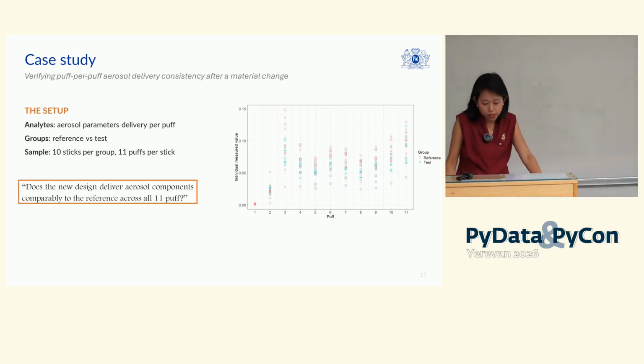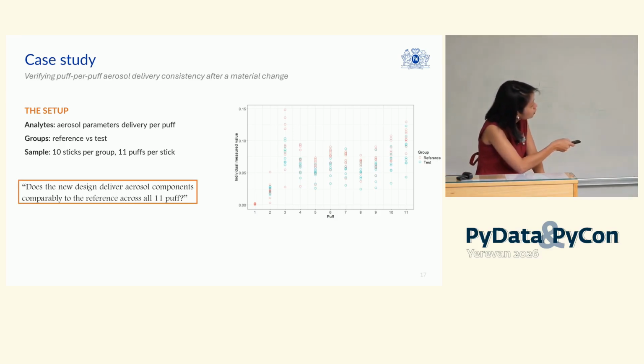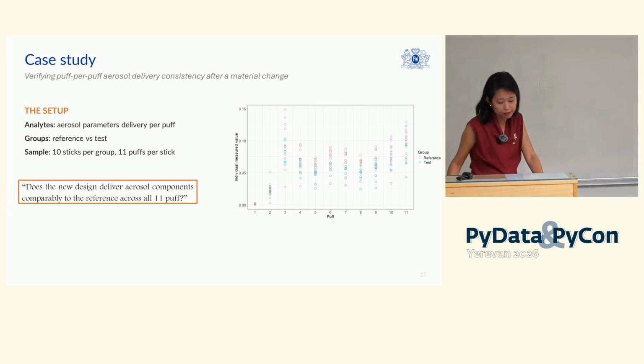What you see here are dots representing the individual measured values for the aerosol parameters delivery. On the x-axis you are seeing the puff, from the first experience, puff number 1, until the end, puff number 11. We have 10 different sticks per group, and each stick has 11 puffs.